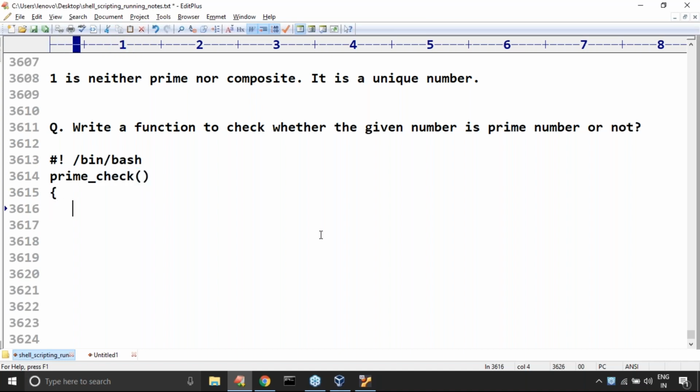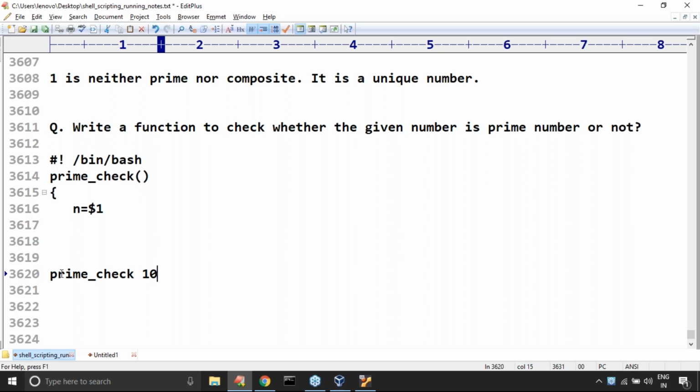Now take very special care about this one: n is equal to $1. I'm taking n equal to $1 because after completing, I can call this function like prime check 10. Again, prime check 10 I'm trying to take. Is this a prime number or not? I have to test.